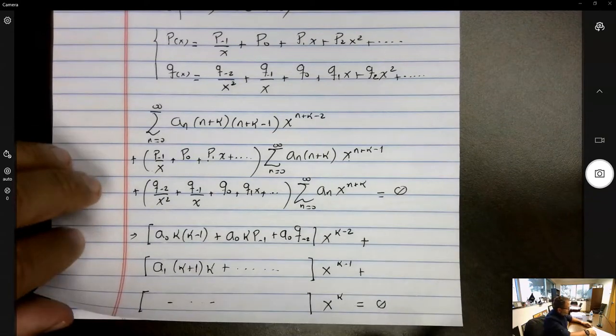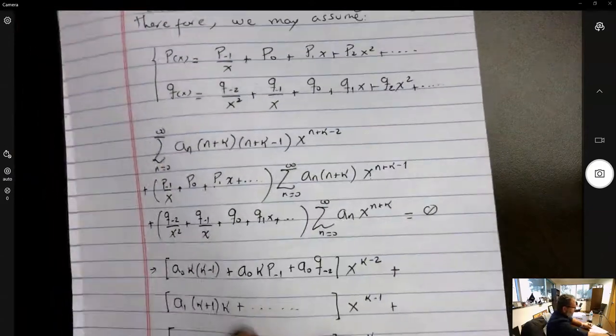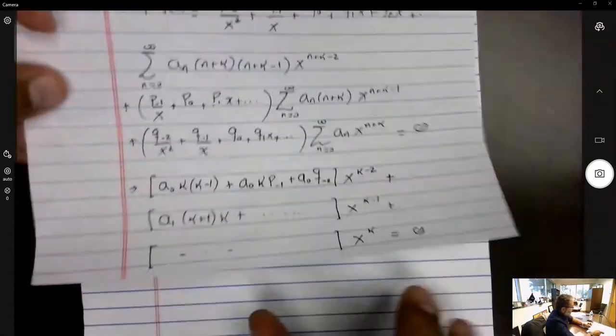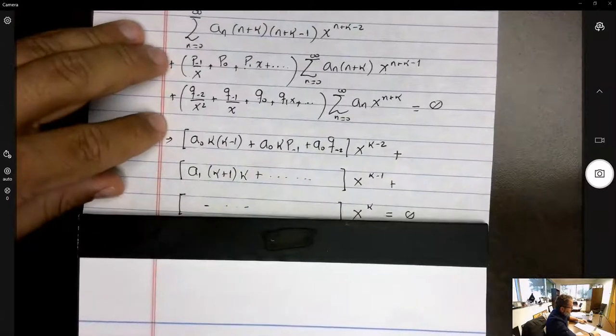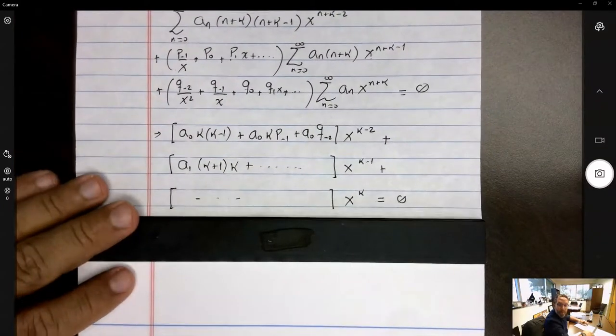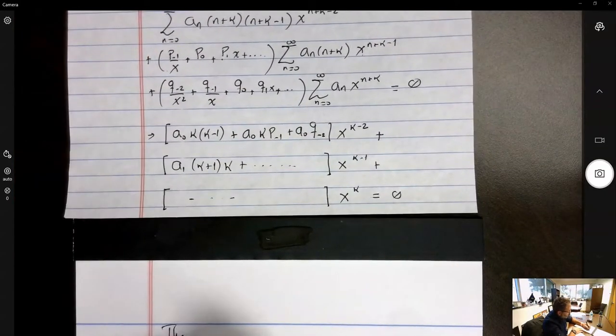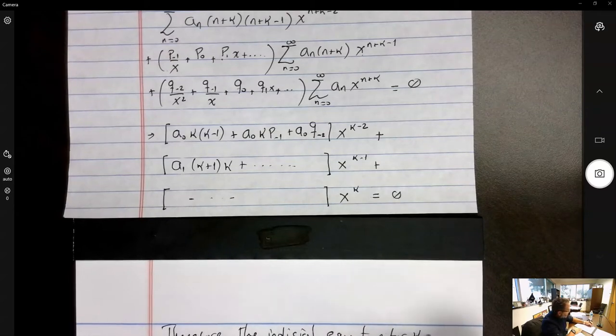So basically what I can deduce from this is that there's an initial equation for k.